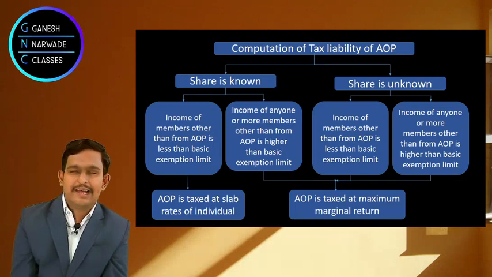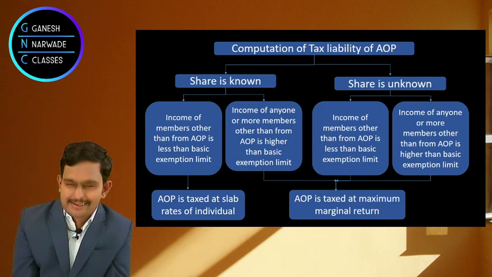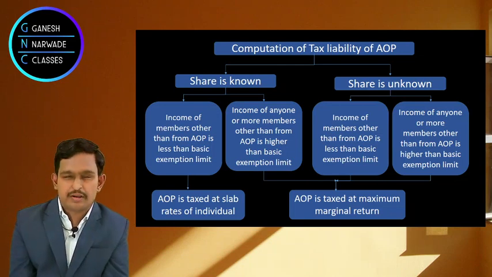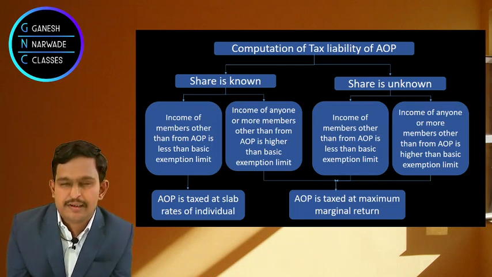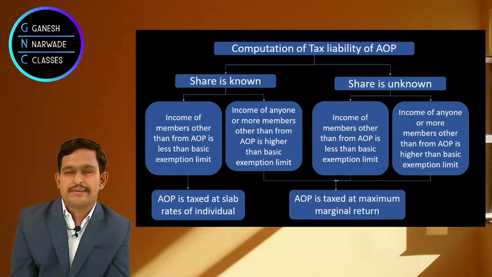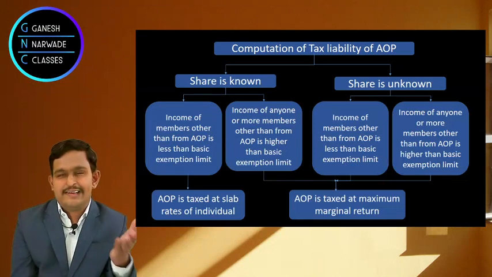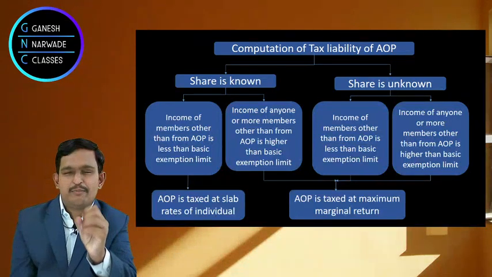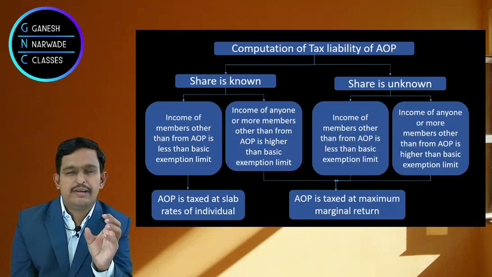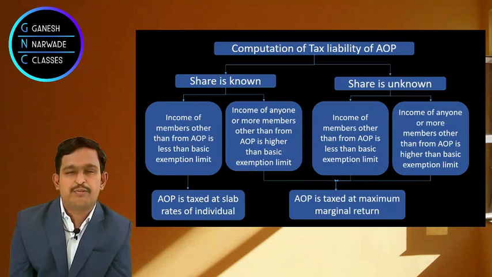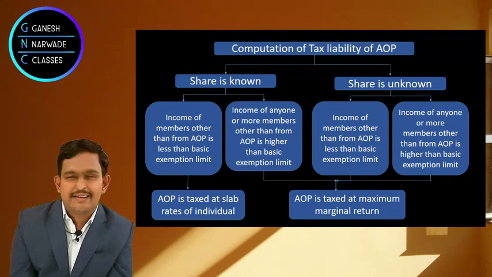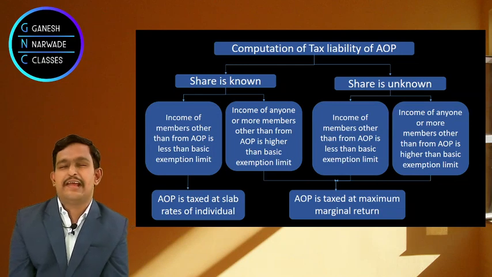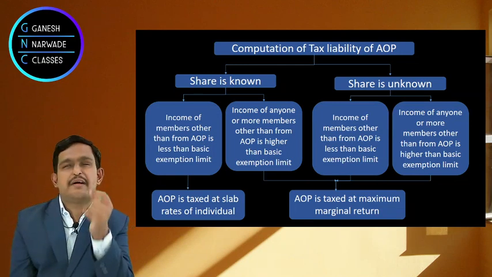Because in the olden times MMR was less, so foreign companies' tax rate was more. Suppose example 40% is foreign companies' tax rate plus 4%, so 41.6, that was higher. So if any foreign company is a member, then whatever income from AOP reaches the foreign company was taxed at 41.6 and others taxed at MMR. But अब कोई टेंशन नहीं, MMR is much more than foreign companies' rate.